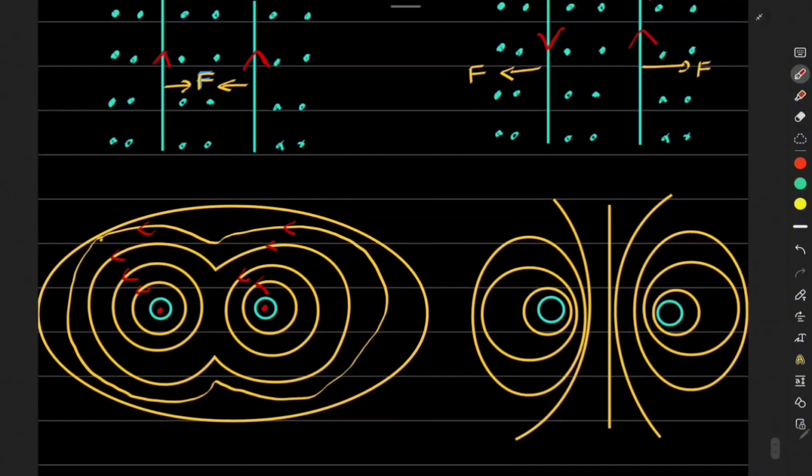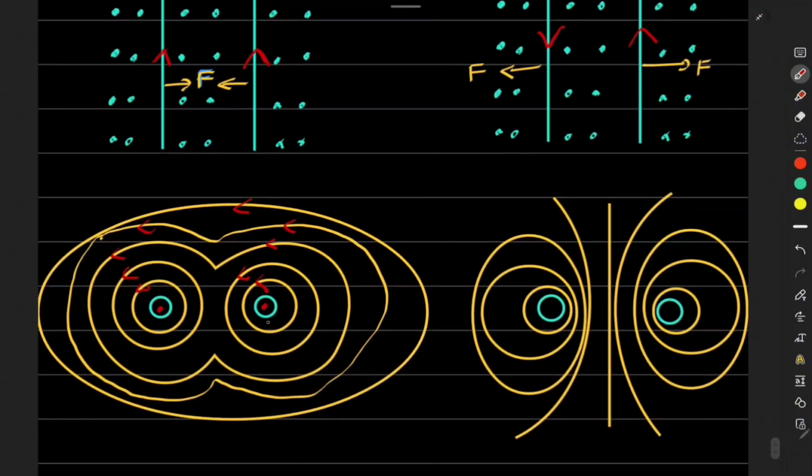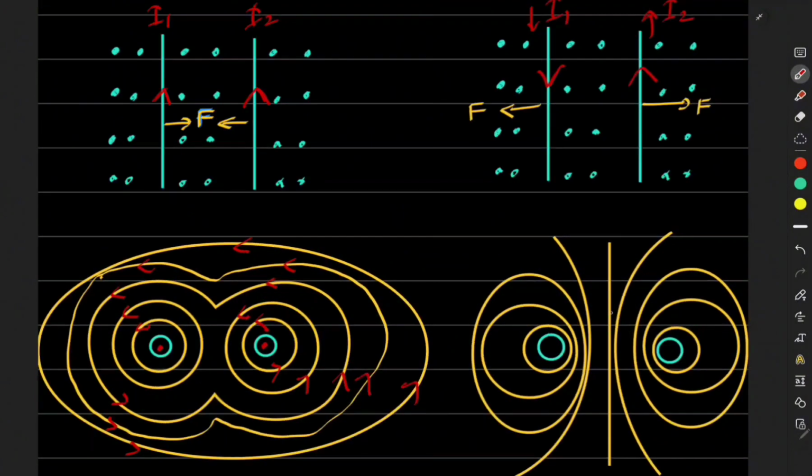Let's look at this case. It is moving into the plane and this is moving out of the plane. And if we use the right hand grip rule here, the magnetic fields will be anti-clockwise here and clockwise here.